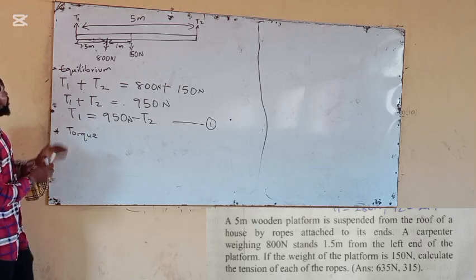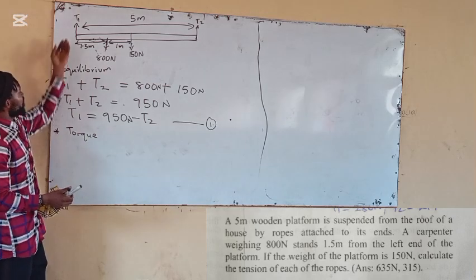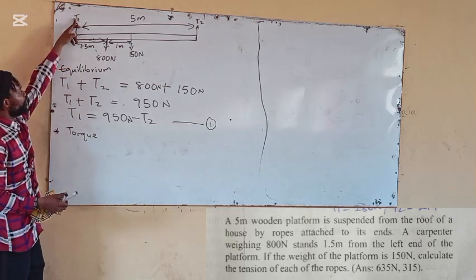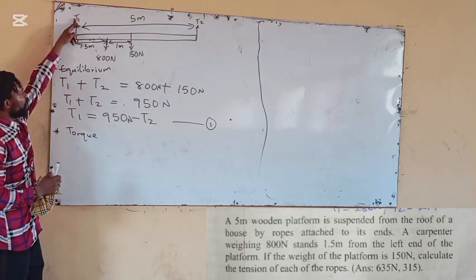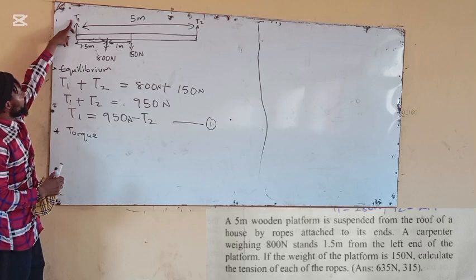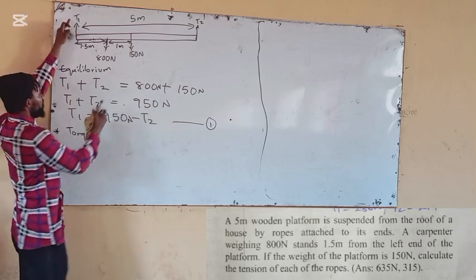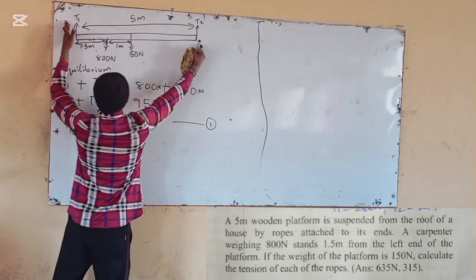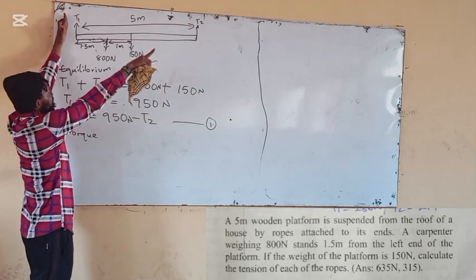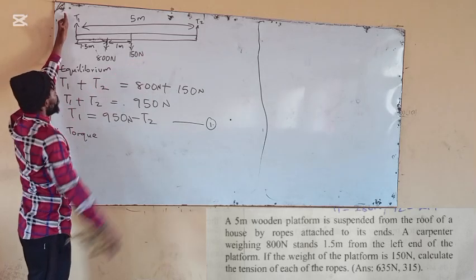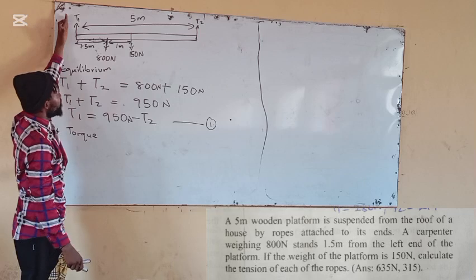Alright, now let's check. If I have this T1 that is here, and I'm pointing this T1 towards T2, what do I have?